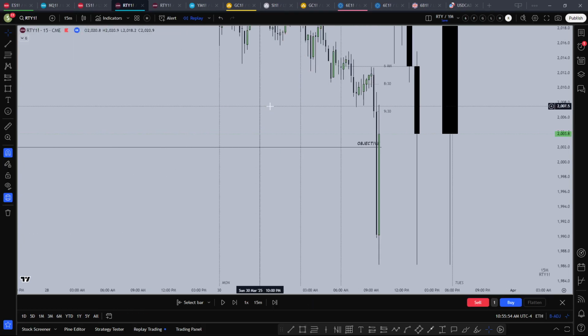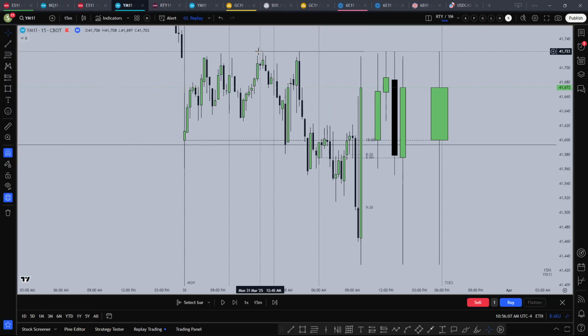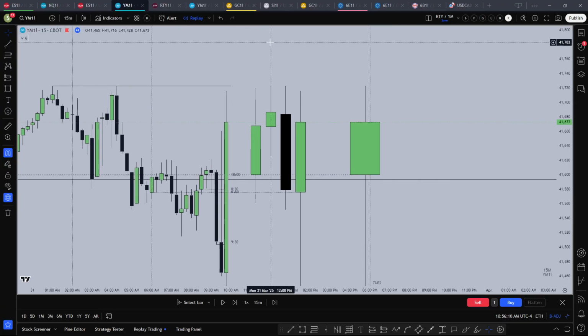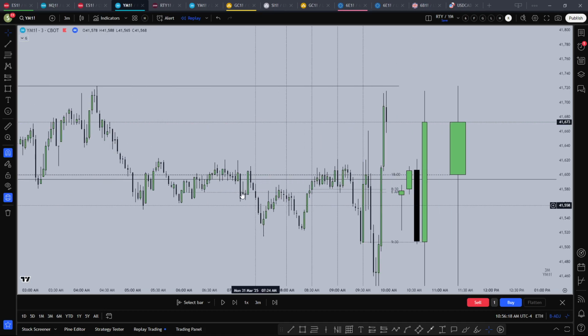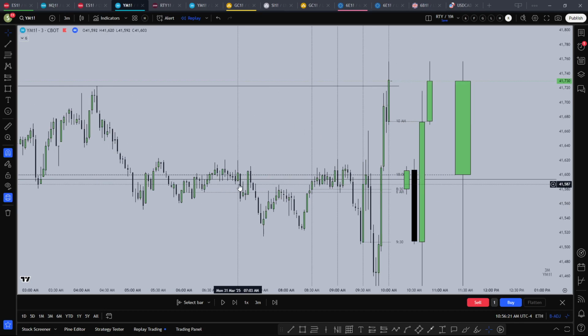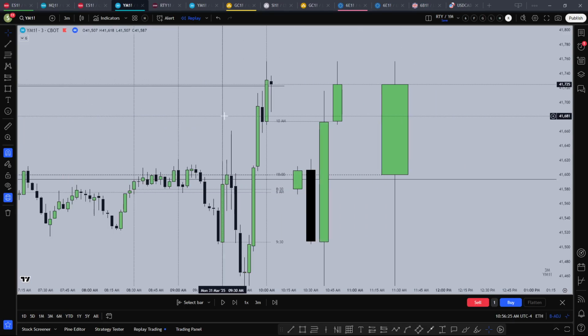If this move higher is the retracement, then this could be the retracement objective, or any of these highs could be. But YM makes me think the high of the day is the objective. Let's get to 10 a.m. 10 a.m. directly hits the YM's objective high of the day.